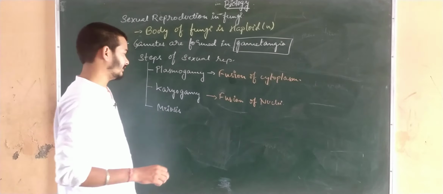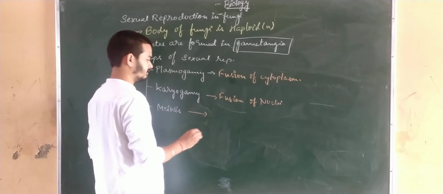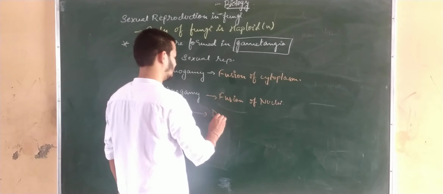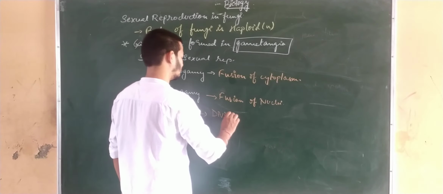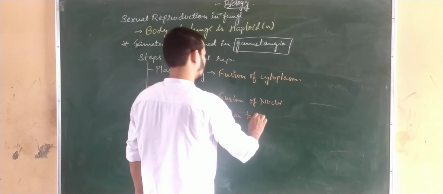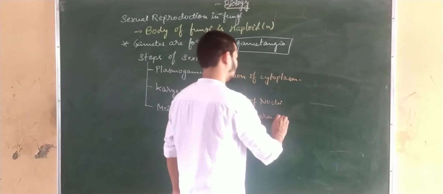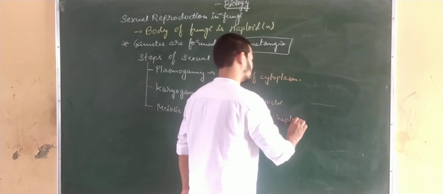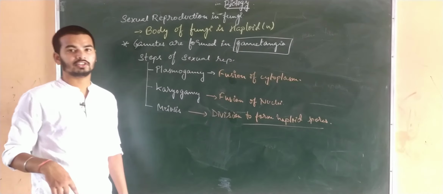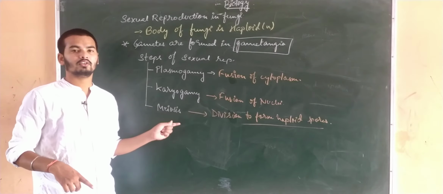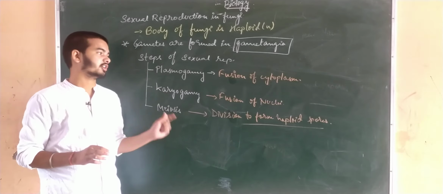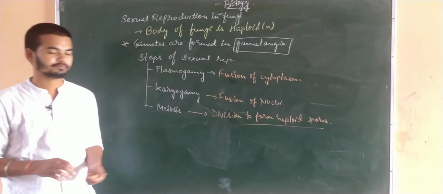And meiosis division leads to the formation of haploid spores. This is how sexual reproduction takes place. Now, first of all, please write down these steps. After that, we will start the process of how reproduction actually occurs in fungi.